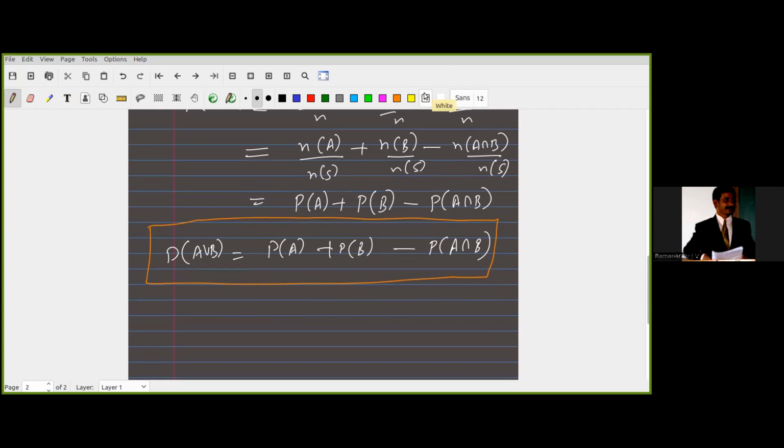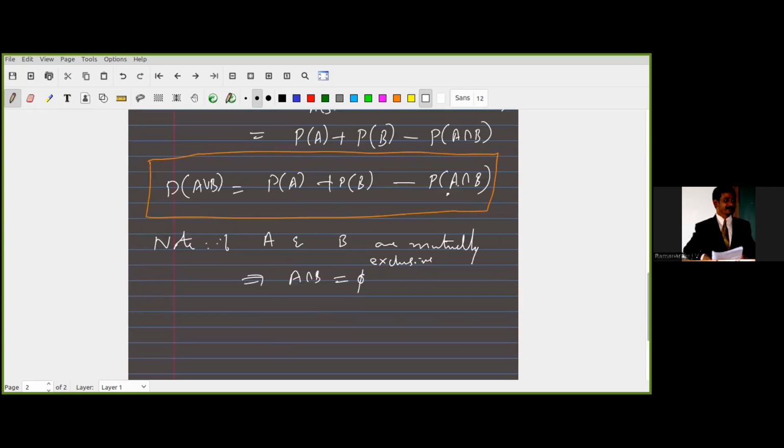So similarly, if A and B are mutually exclusive, that means there is nothing in common between A and B. Okay, this implies A intersection B is empty, and therefore, if this is an empty set, P of A intersection B will be zero. So this term will be zero.